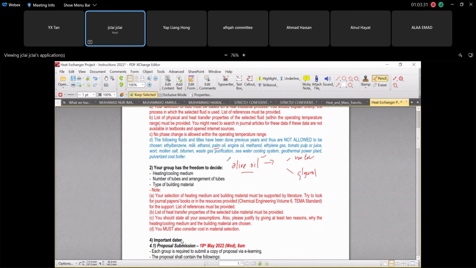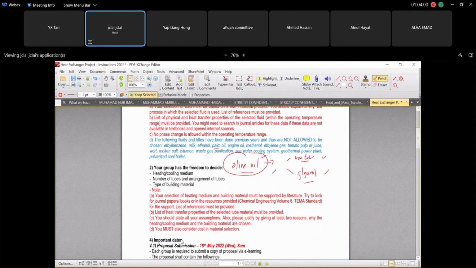So you can choose the same fluid, but the process is different. Maybe one is heating, one is cooling, or the fluid you use to cool down or heat up is different, then it's also okay. Because when all this changes, your calculation is totally different. Then this is acceptable.